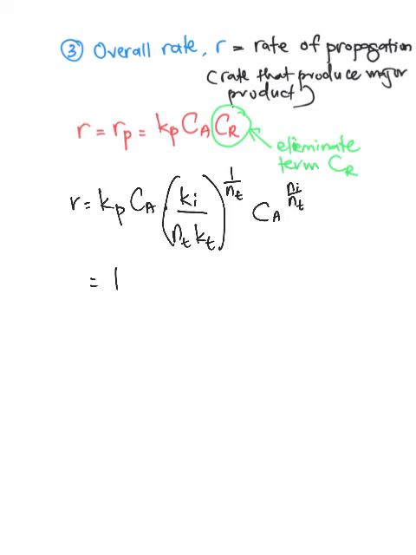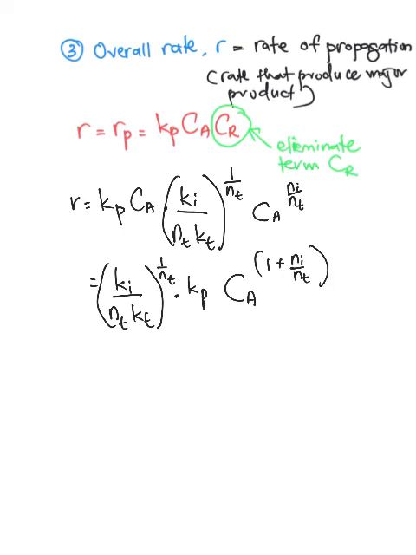Then K, i per Nt Kt power of 1 per Nt, multiply with Kp, then combine for Ca. So Ca power of 1 plus Ni per Nt. So you need to know about mathematics also to derive the equation and simplify the equation.